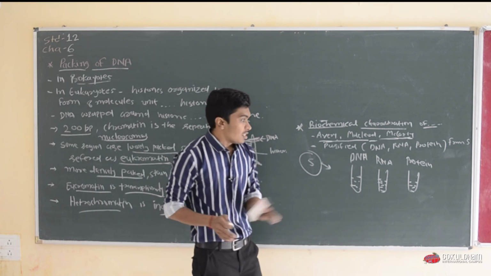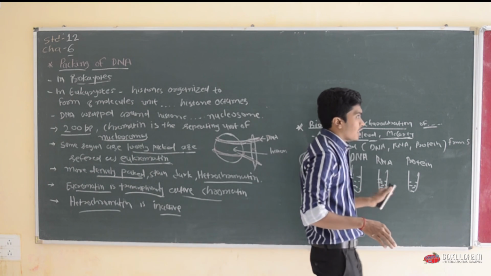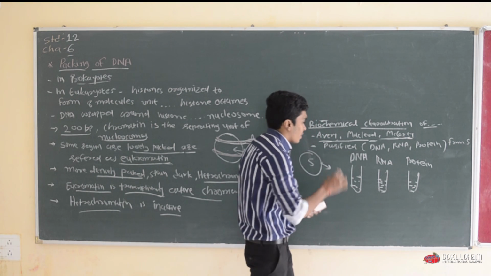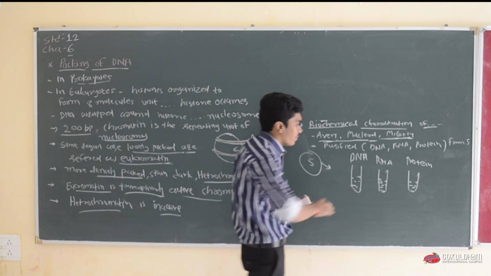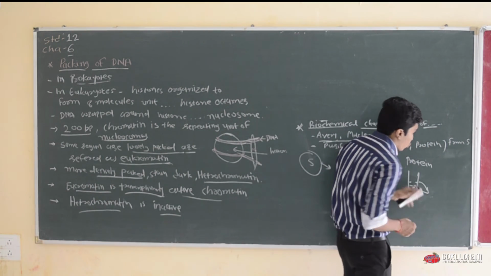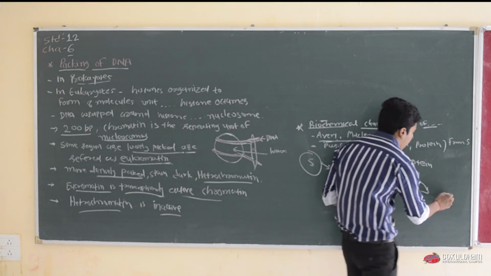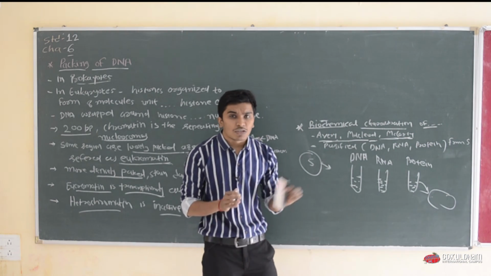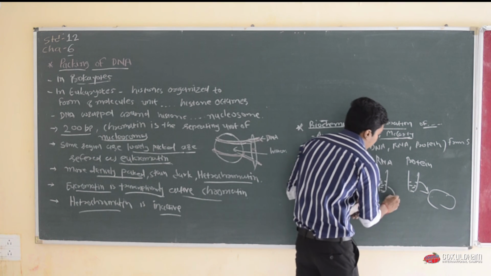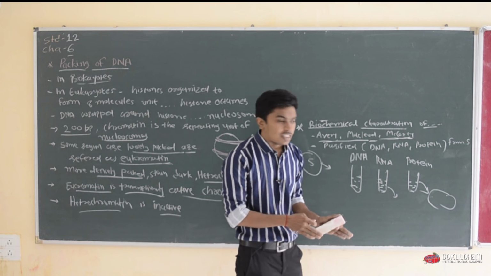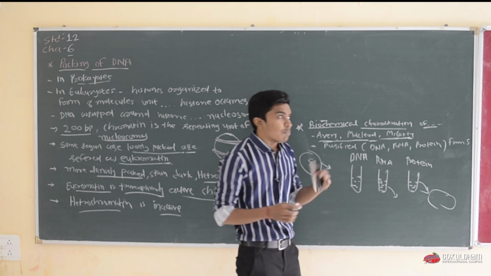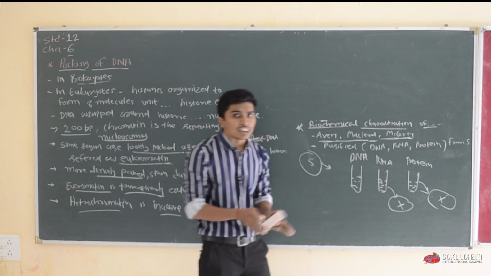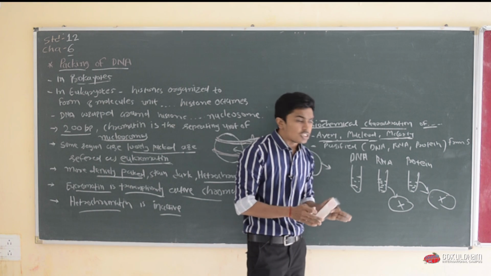Now they introduced these molecules into rough strain bacteria one by one. In the result they found that when they introduced protein into the rough strain bacteria, the rough strain bacteria was not converted into smooth strain bacteria. When they introduced RNA into the rough strain bacteria, they found that this bacteria also did not transform from rough strain to smooth strain.